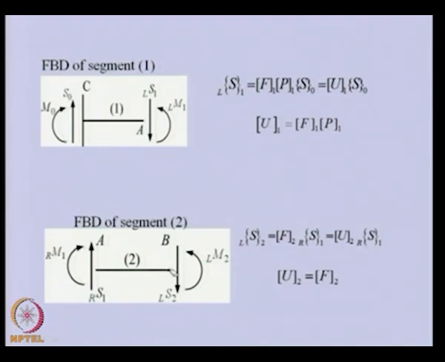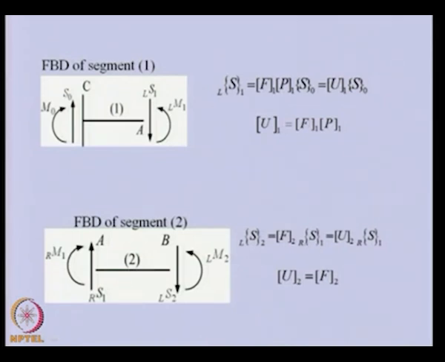Left of 2 is here, and in between we have only the shaft segment, there is no mass, there is no disk. So, only the field matrix will be multiplied here to relate the state vector right of support 1 to the left of station 2. In between these two we have the support.